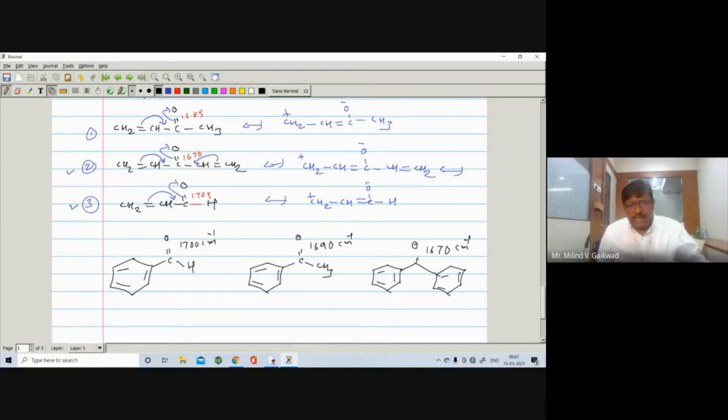So in all the examples the phenyl nucleus is common, right? But as we move from left to right, you will see that there is an increase in the methyl group, and with this methyl group there is more crowding.